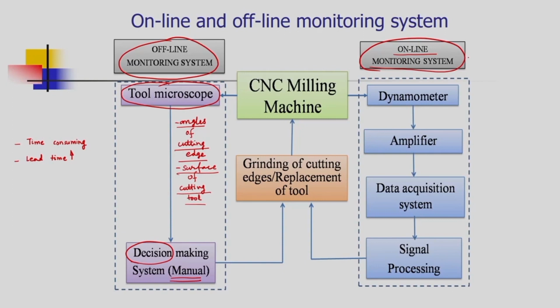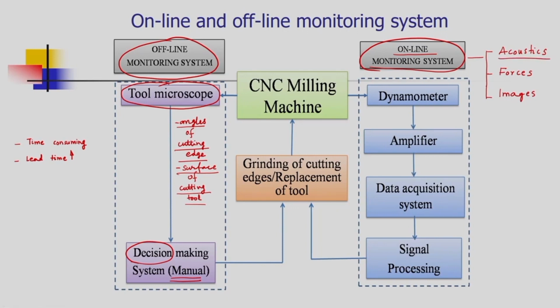In this system various options are available. We can go for acoustics, or the measurement of forces, or use images. Acoustics is nothing but recording the sounds during the cutting operation.